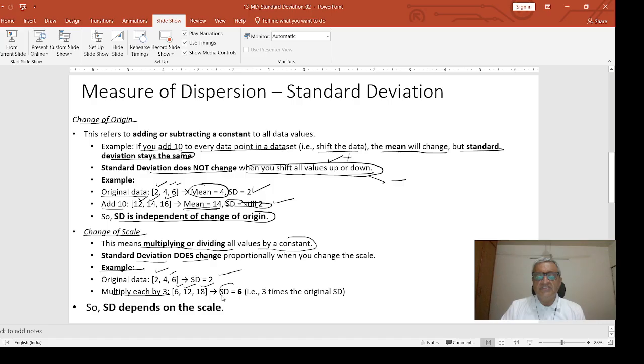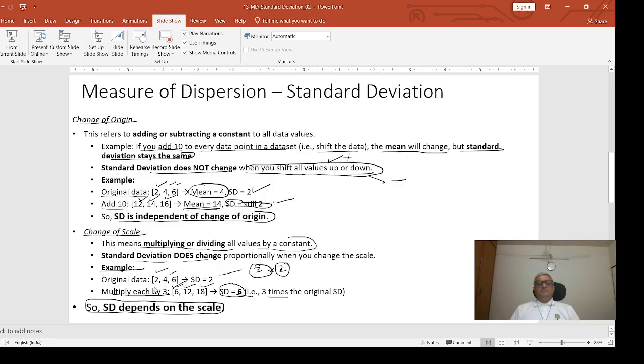In this case, my standard deviation has become 6, which is nothing but 3 multiplied by 2, because my original SD was 2. Since I have multiplied each element by 3, my standard deviation has also increased by a multiple of 3. So 3 times the original standard deviation, right? So SD depends on the scale.